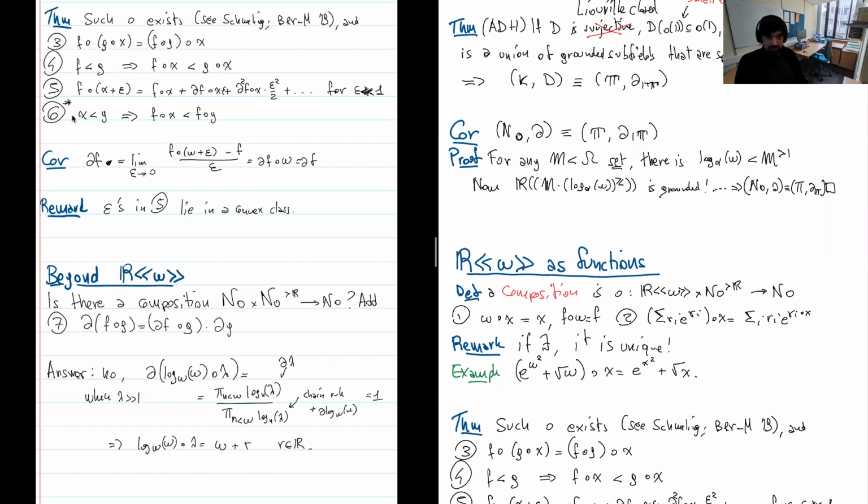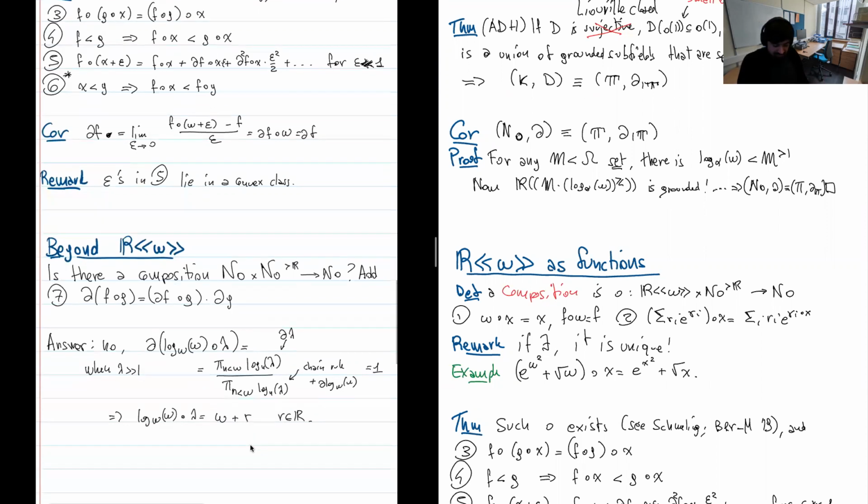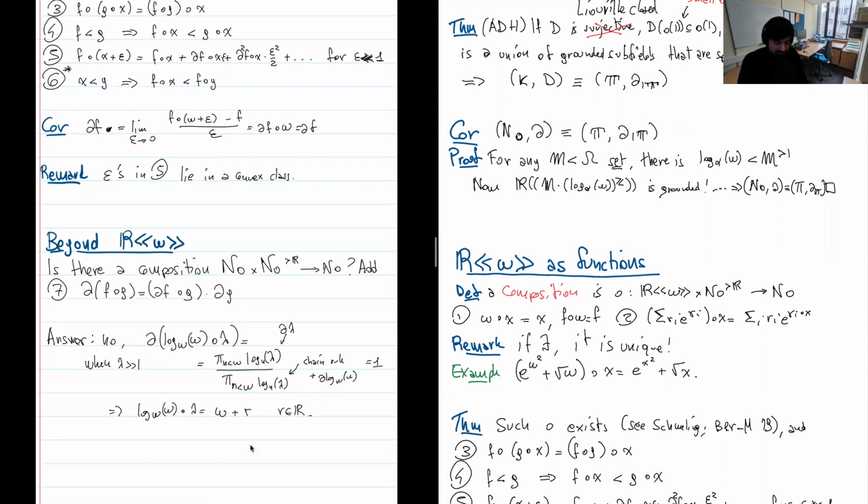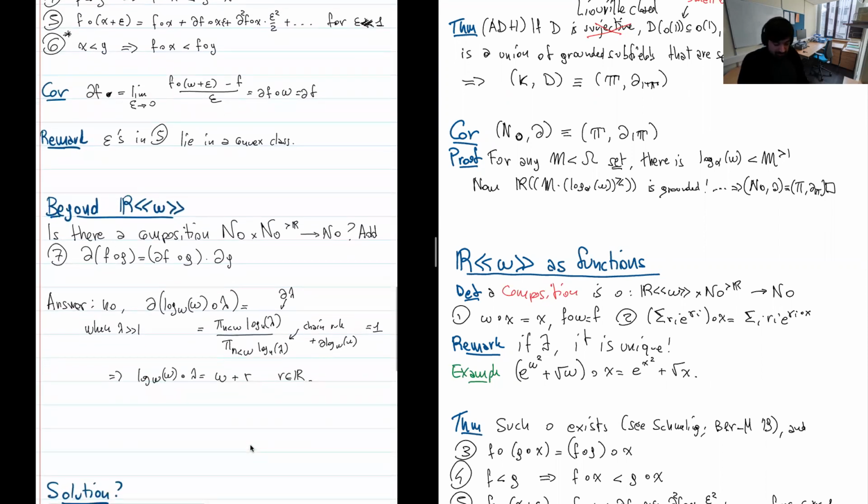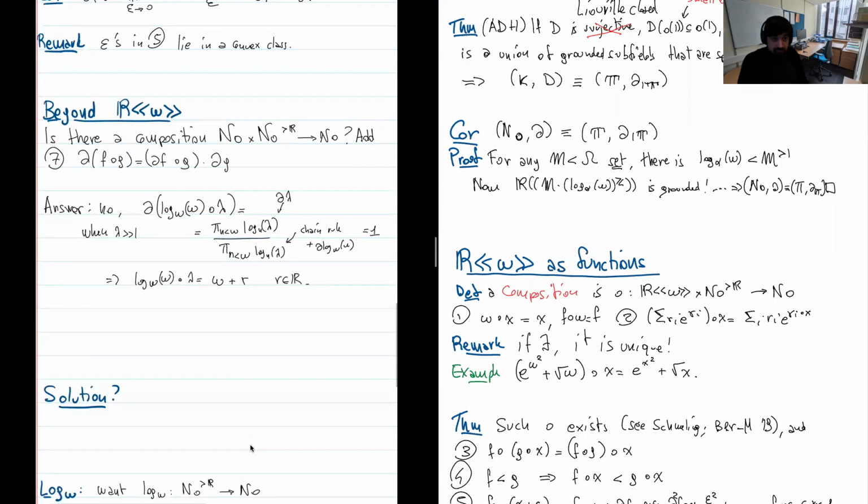So if you impose monotonicity condition 6, then you get a contradiction right away. There are way more logatomics than real numbers here. It just doesn't work.